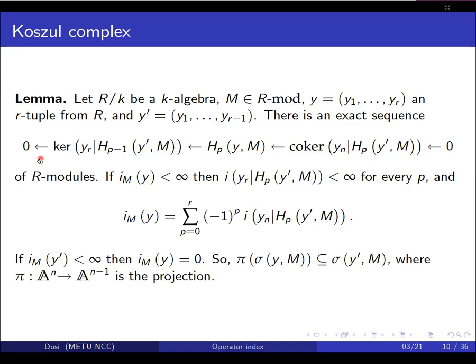But this one is an algebraic lemma, a sort of Bourbaki lemma. So how to use it to drop, I mean, use sort of induction or just the projection property downward, right? So you have an R tuple. This is an R minus 1 tuple. So X_R is acting over homology groups in a natural way. Then its kernel and cokernel link to the homology groups of the tuple X prime.